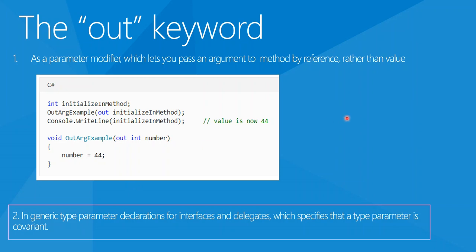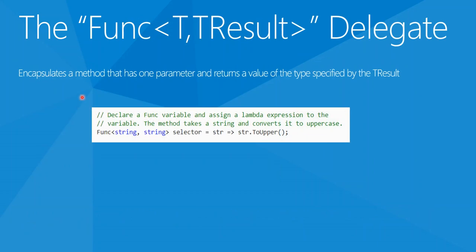So let's move forward. What actually is a func delegate? A func encapsulates a method that has a parameter and a return type. In this example, I am declaring a func which returns a string and accepts a string argument, and the name of the delegate is selector.